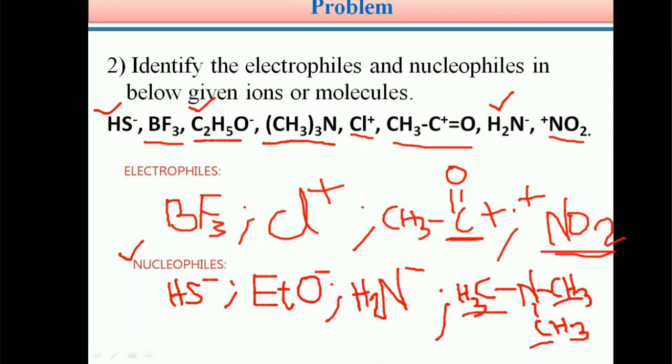As a result, nitrogen, which already has a lone pair of electrons, can easily donate its pair of electrons to the reactive site or electron deficient portion of the substrate molecule. So students, these are the electrophiles and nucleophiles from the given list of ions and molecules.